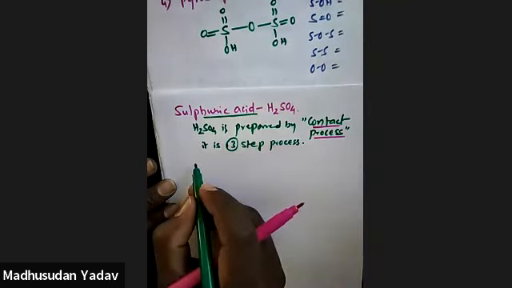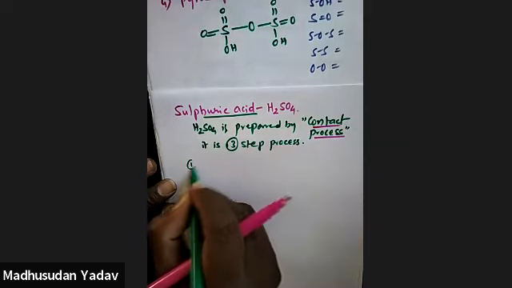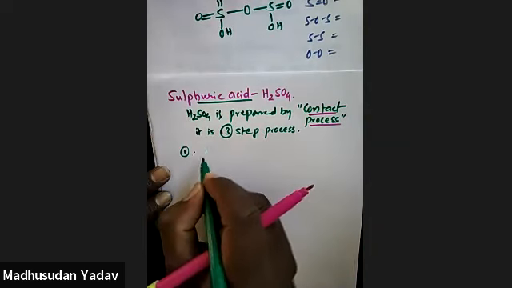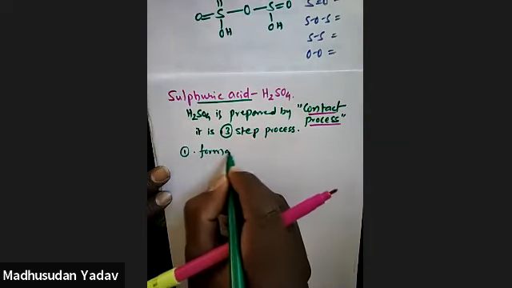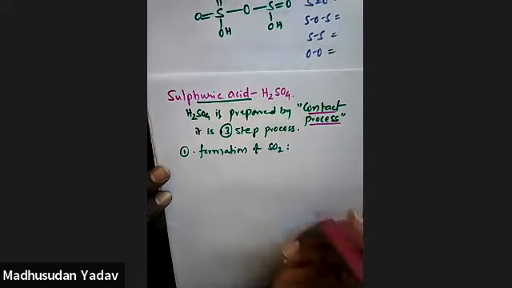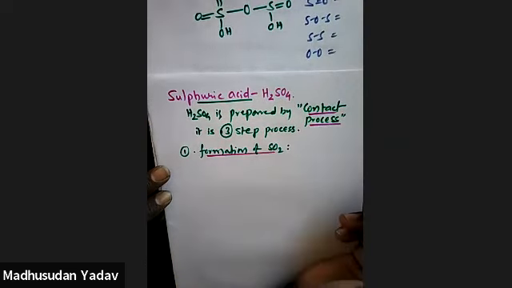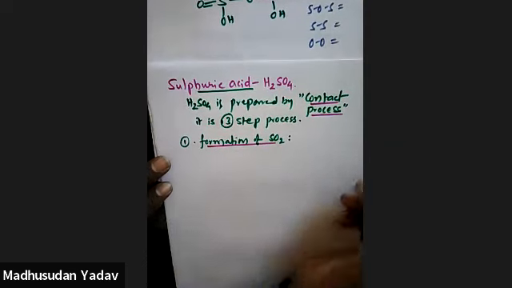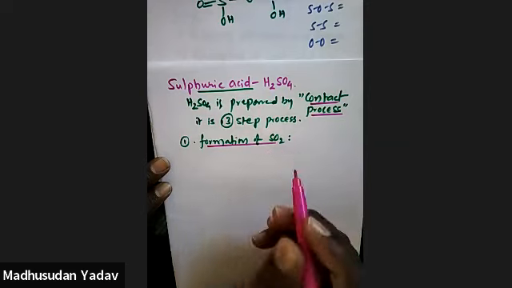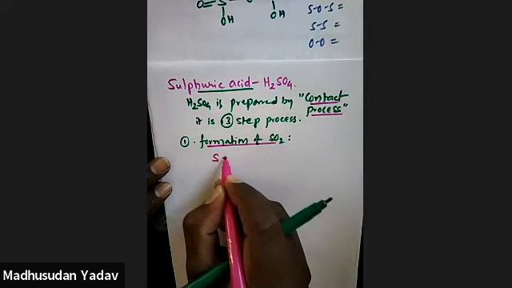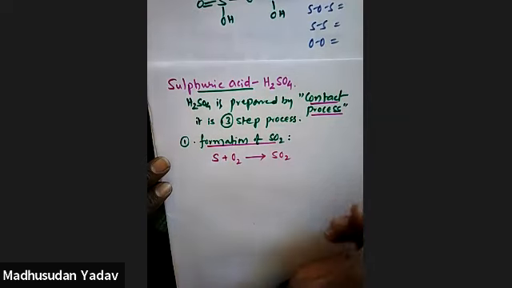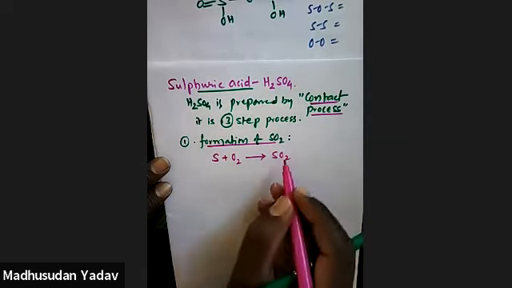So the first one is, all steps are important, listen carefully. Formation of sulfur dioxide, first step. So how is sulfur dioxide prepared? You know the basic example: sulfur on direct reaction with oxygen gives sulfur dioxide. This is one way.